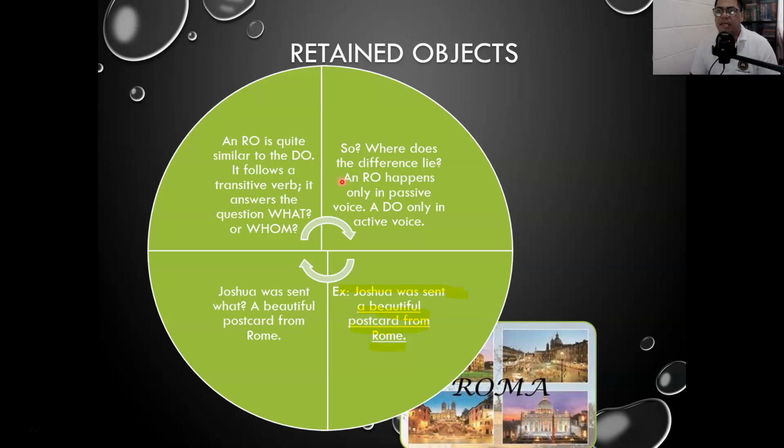Put simply, retained objects only happen in passive voice. You will only find a retained object in passive voice, and it's the object that remains, especially in the case when we have two objects before the transformation of the sentence into passive voice.